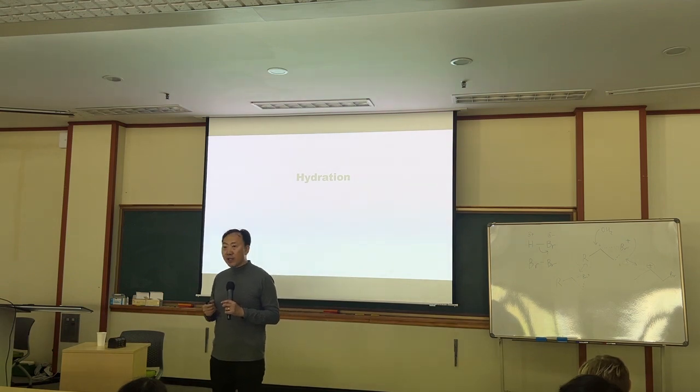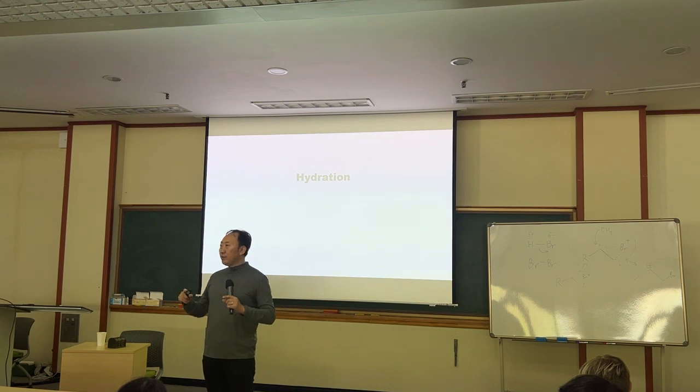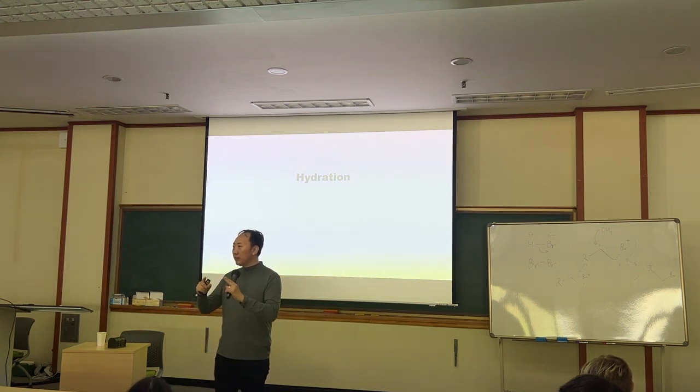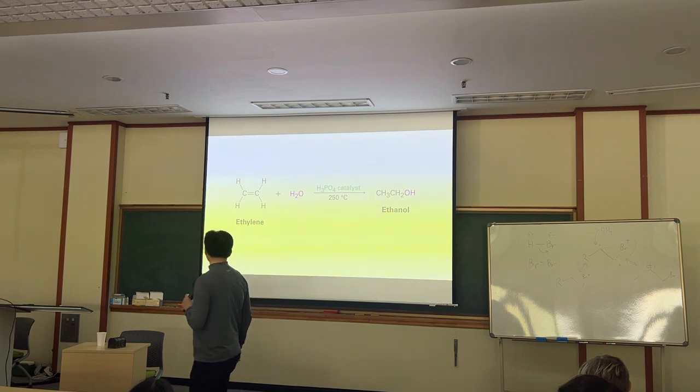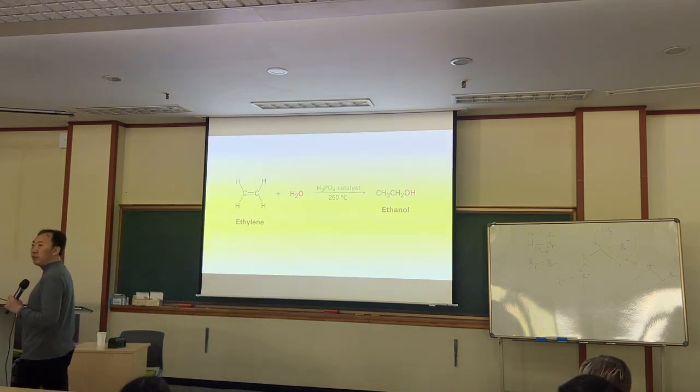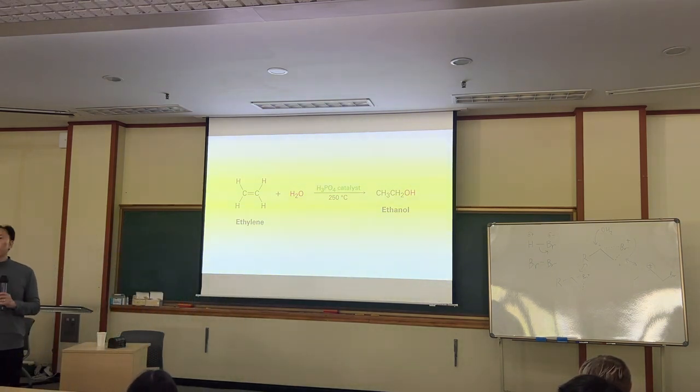Acid plus water, that was hydration. To a double bond, you add acid and protonate, forming a carbocation, and add water. Then the product has HOH. So the reaction of a double bond with acid and water gives the hydration product.